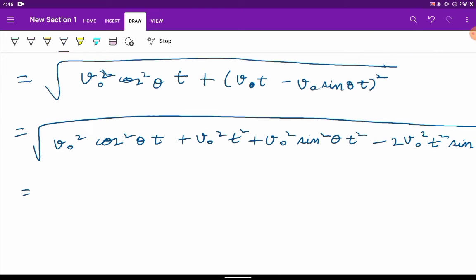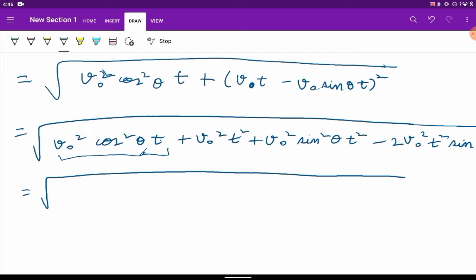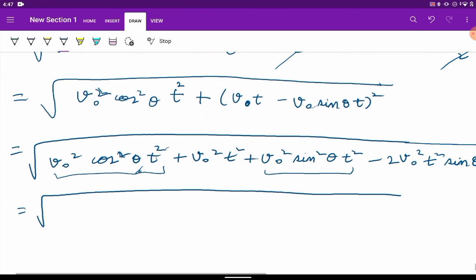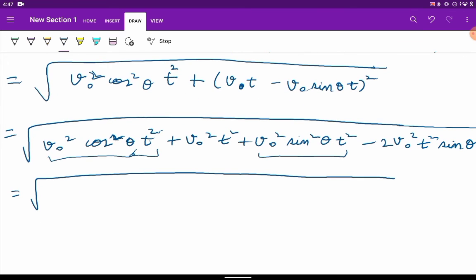Okay, sorry, I first wrote t instead of t square, but these are all t square. So the cos square theta and sin square theta terms can be added, since cos square theta plus sin square theta is 1, and it becomes v naught square t square.